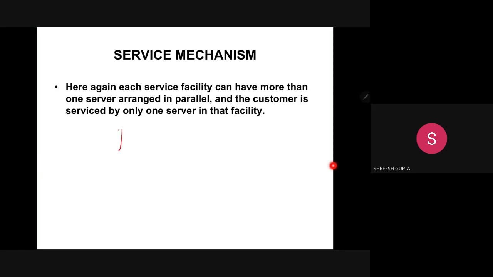Here we have the series 1 service system, series 2 service system, series 3 service system. And here we have the multiple server. So we can have this type of situation also.